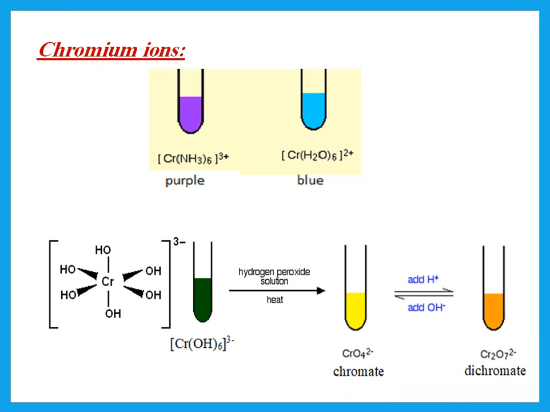So if it oxidizes the chromium to chromate ions, then it changes it from green to yellow. The chromate ions, if you add acid, it becomes dichromate, and the dichromate is orange. And if we want to go back, you can add base to the dichromate, it becomes yellow again. Are we following all of this? Okay, so these are the different colors for the chromium ion.